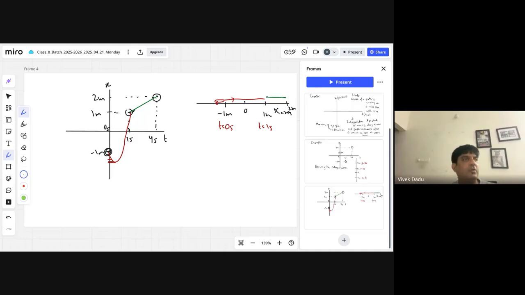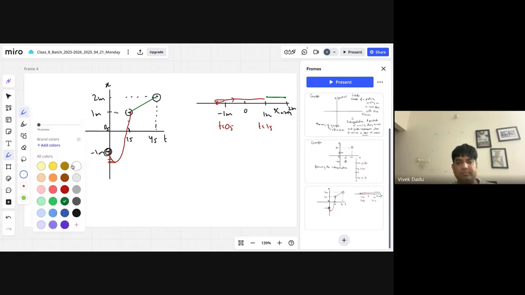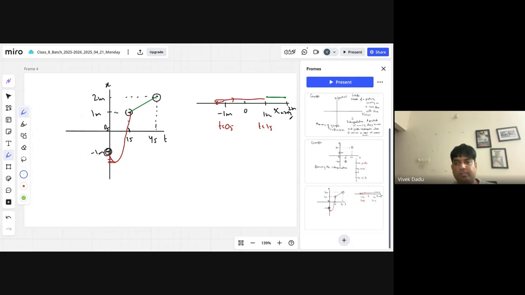Did he go back or forward or something? Do you understand why I drew this line like this? So he went back. And at 2 meter, what is the time? T equal to 4 seconds. So this is the graph. This is the interpretation.